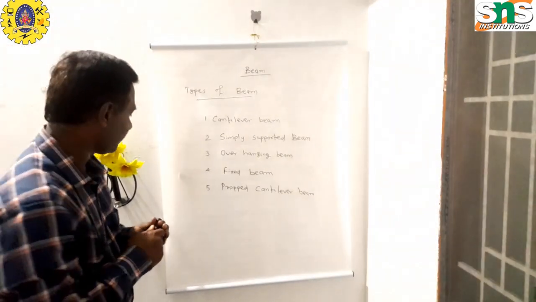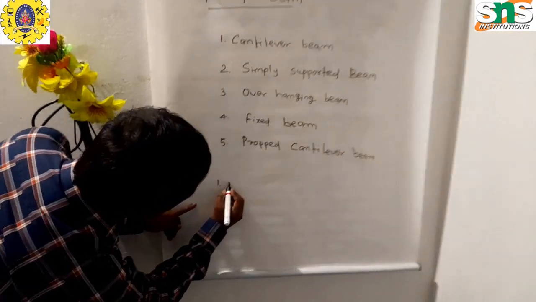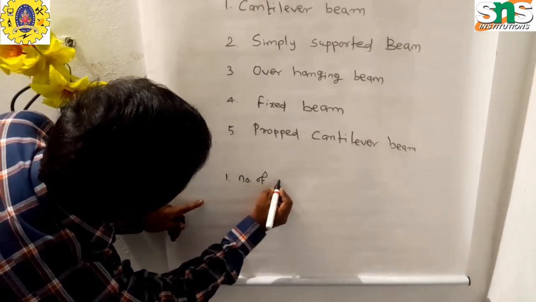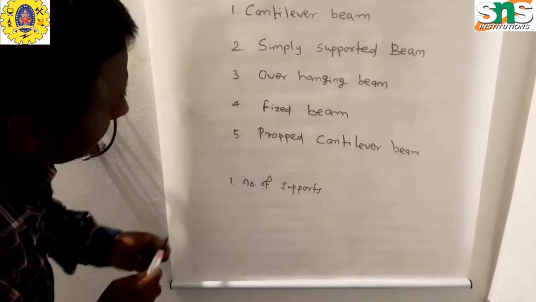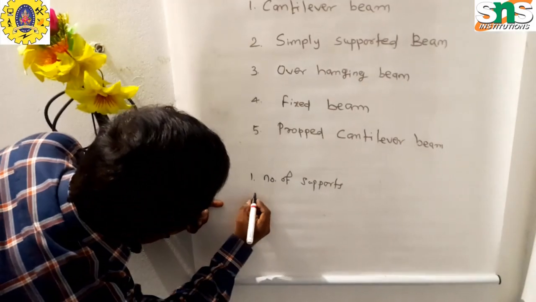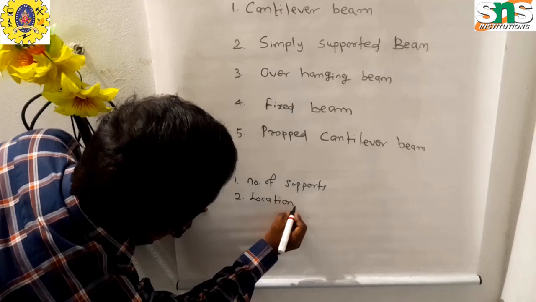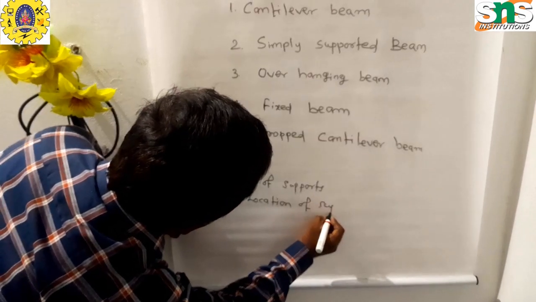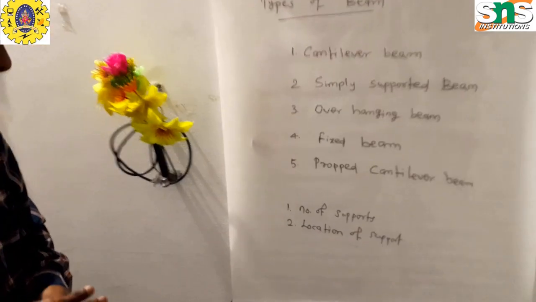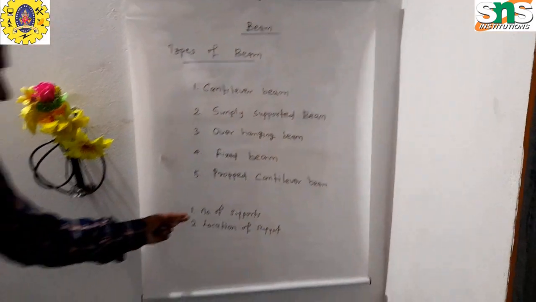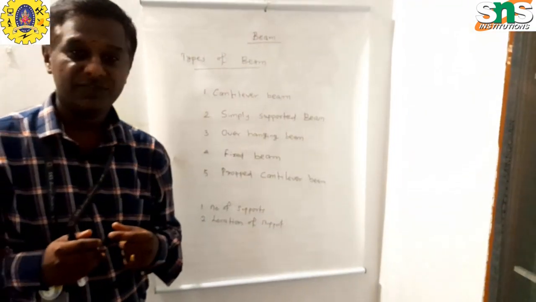One is number of supports, and the second one is location of supports. These are the main parameters to be discussed in how these types of beams are classified.